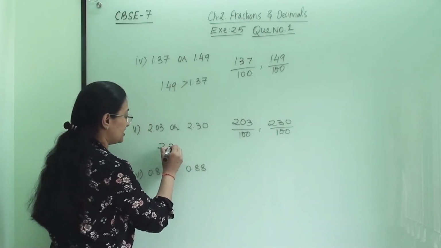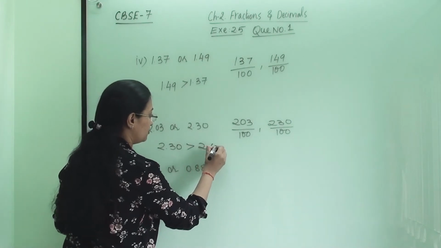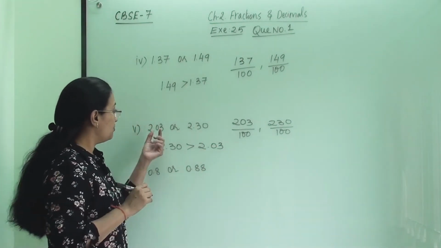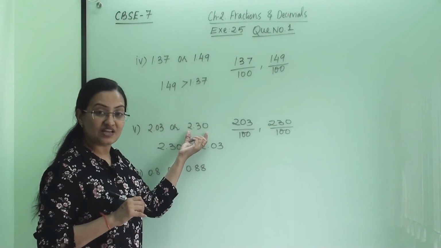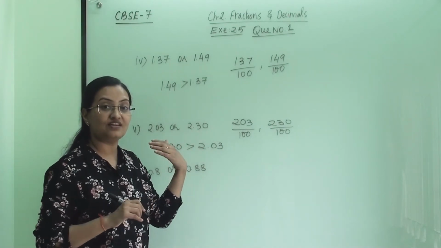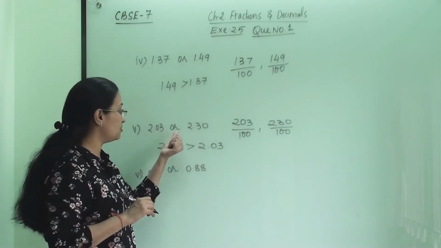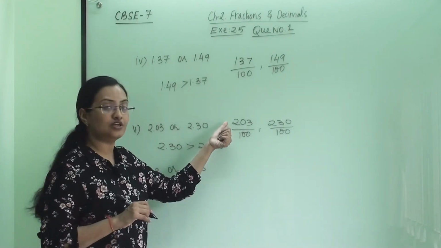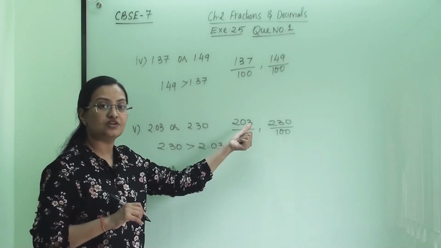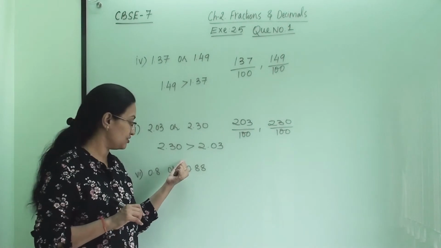So 2.30 is greater than 2.03. If both have the same number of digits after the decimal point, then we can look at the real number and mention which one is greater.